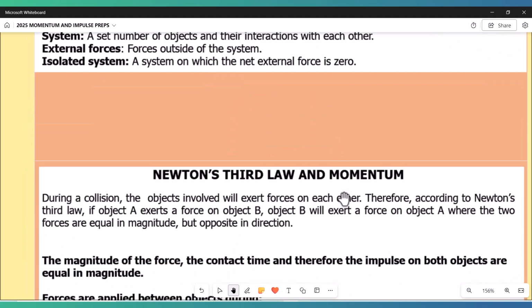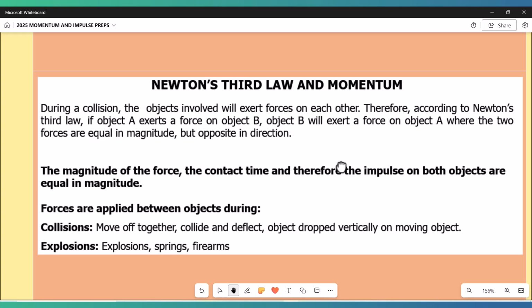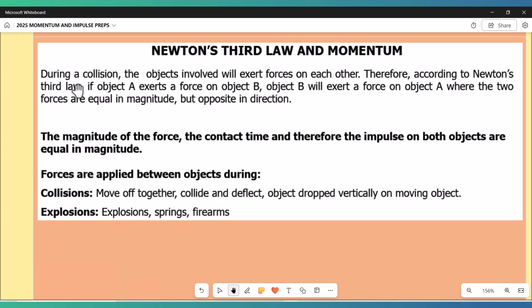Now, Newton's third law and the momentum. During a collision, the objects involved will exert force on each other. According to Newton's third law, if object A exerts a force on object B, object B will exert a force on object A, where the two forces are equal in magnitude but opposite in direction.